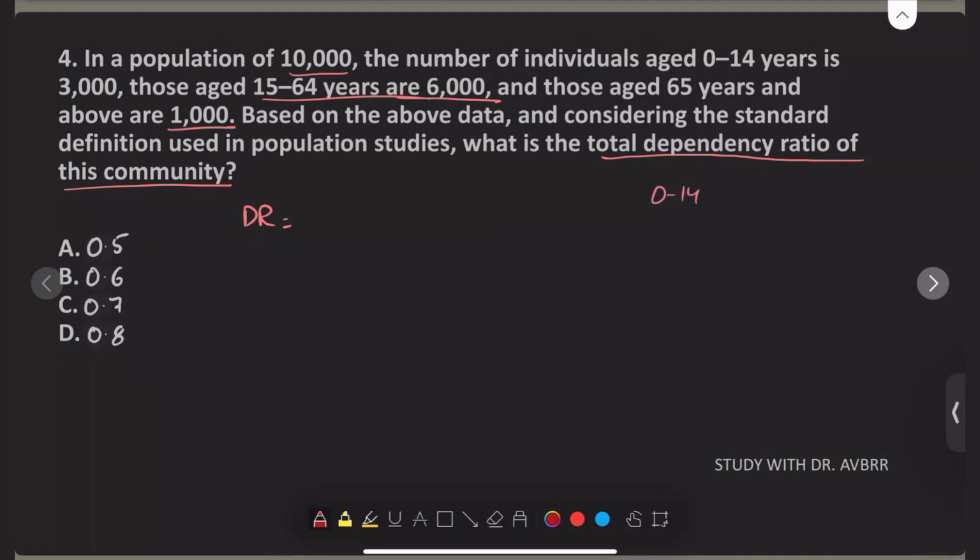So, before writing the formula, let's note down what they have given. 0 to 14 years were 3,000. 15 to 64 years were 6,000. 65 years and above were 1,000.